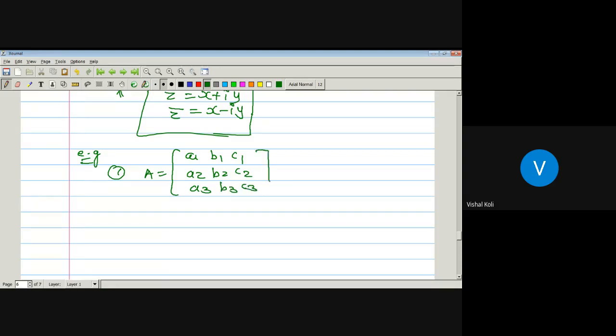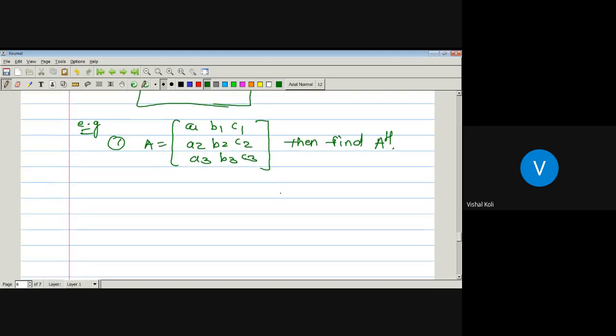This is matrix A, and now we have to find its transposed conjugate, that is A to the power theta or A to the power H. A to the power H is nothing but the transposed conjugate of matrix A. And for that we first take the transpose, then the conjugate, or first the conjugate, then the transpose.